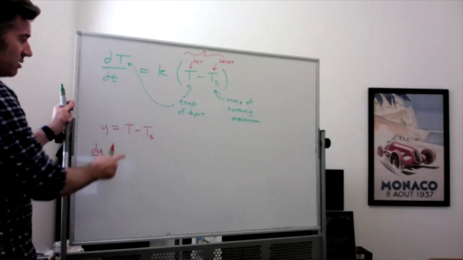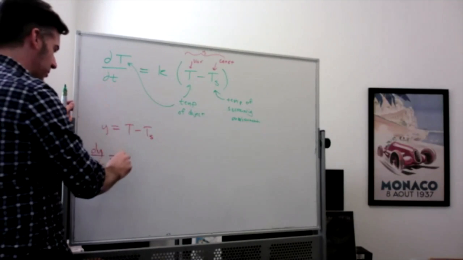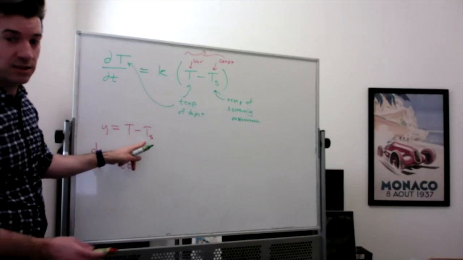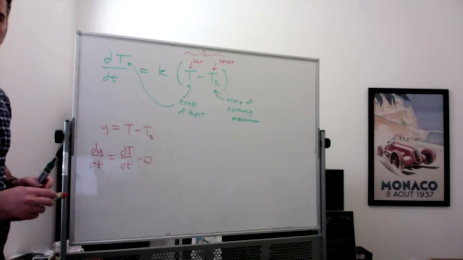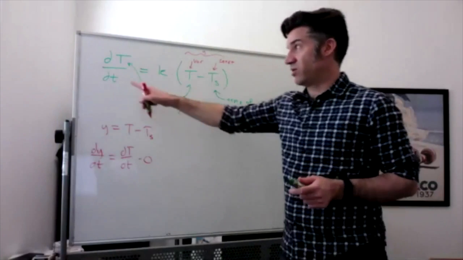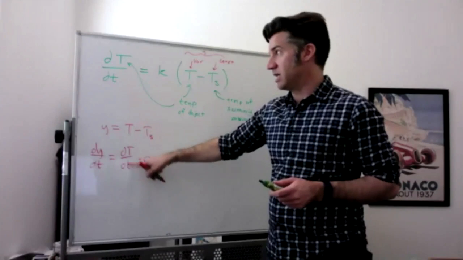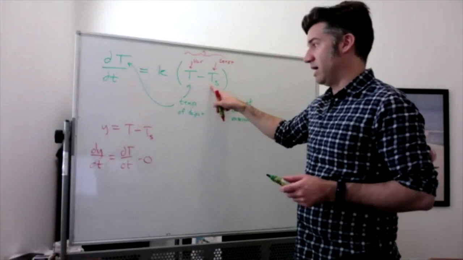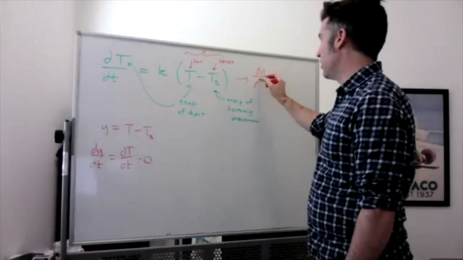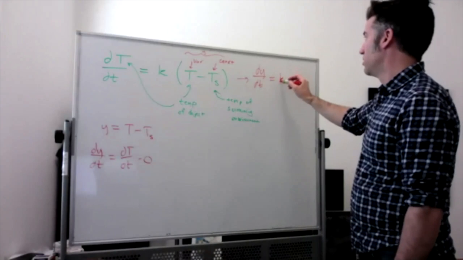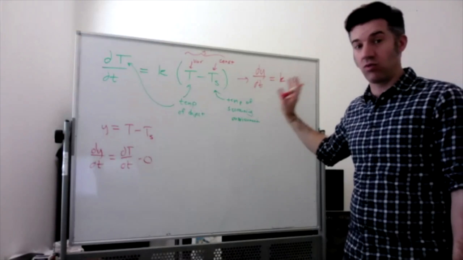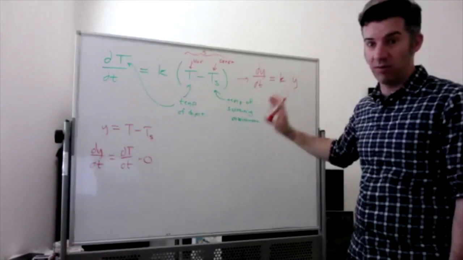On the right, the derivative of capital T is just dT/dt, and the derivative of this constant is 0. So we can replace dT/dt with dy/dt and T minus Ts with y. It looks exactly like dy/dt is proportional to k times y. And this is exactly the equation that the exponential growth/decay equation comes from.